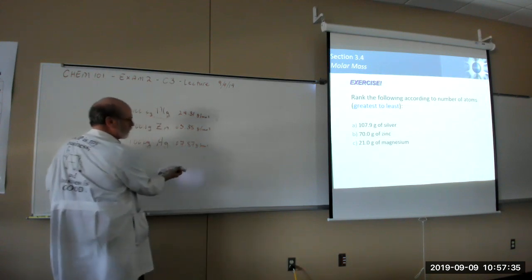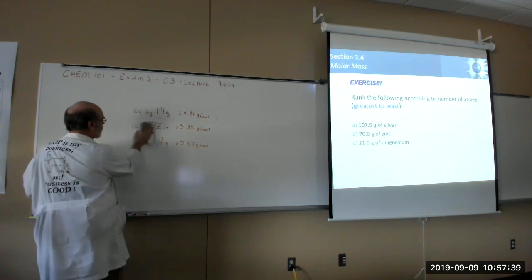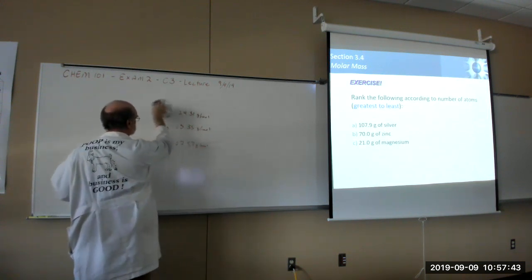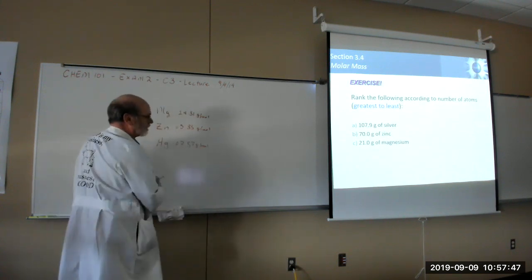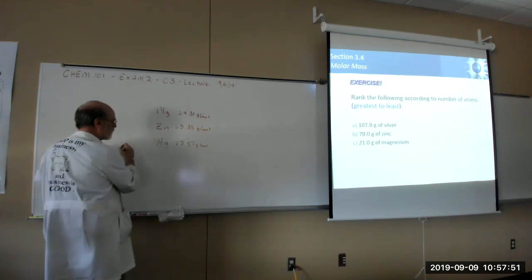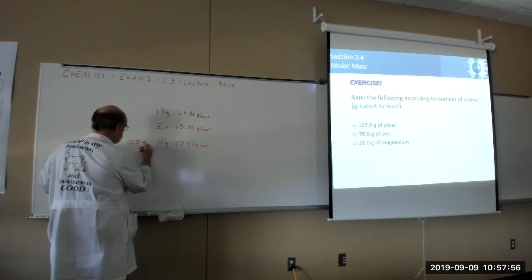Now let's make it worse. We've got a different mass for each one this time. We're going to need that information, so I'm going to leave it up there. So we're going to find out what percentage. Silver is 107.9 grams.